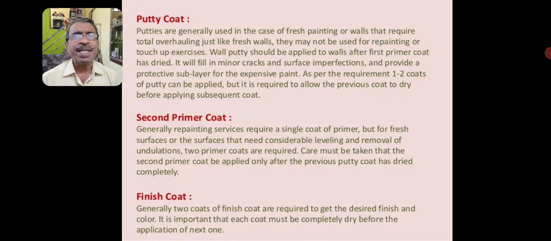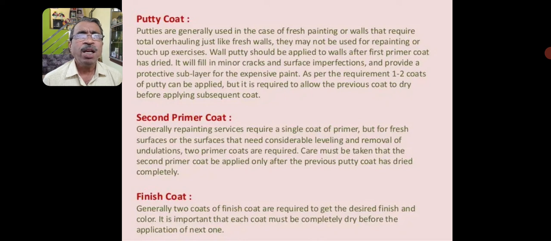How the painting is done. Before the painting, a putty coat is done. Putties are generally used in the case of fresh painting or walls that require total overhauling, just like fresh walls. They may not be used for repainting or touch-up exercises. Wall putty should be applied to walls after the first primer coat has dried.